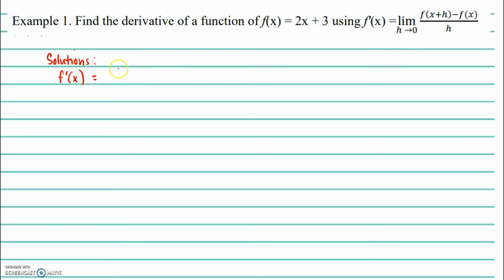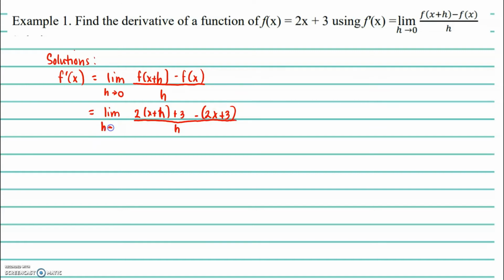So f prime of x is equal to the limit of f of x plus h minus f of x over h as h approaches 0. So the limit of 2 times (x plus h) plus 3 minus (2x plus 3) all over h.